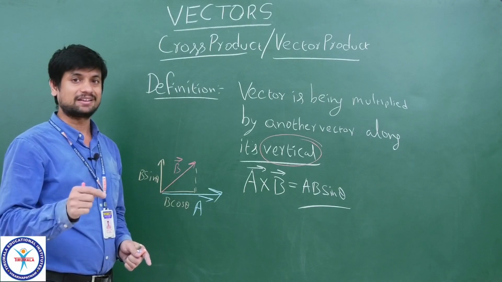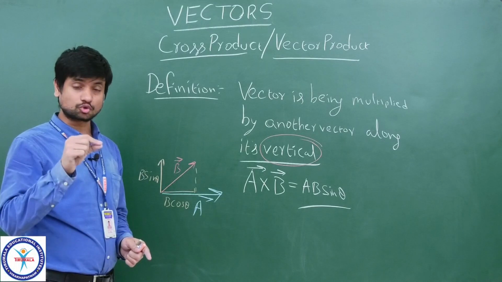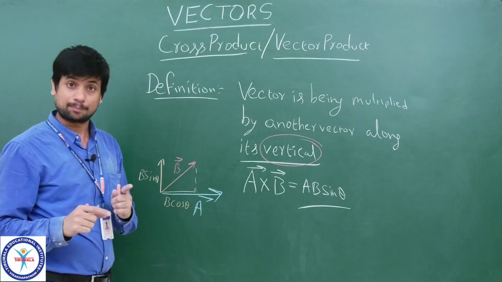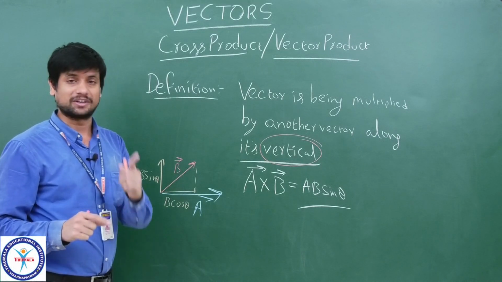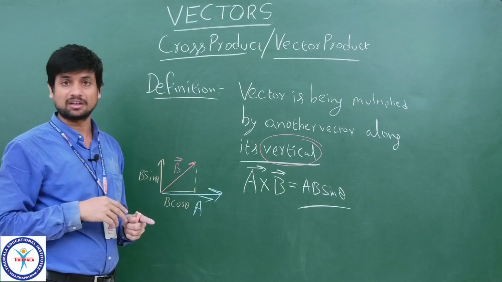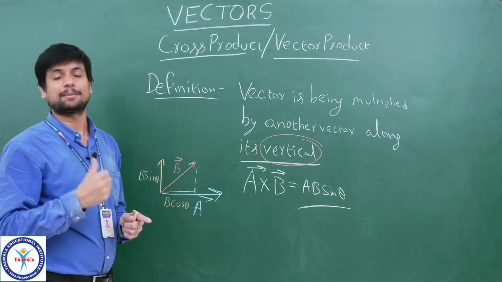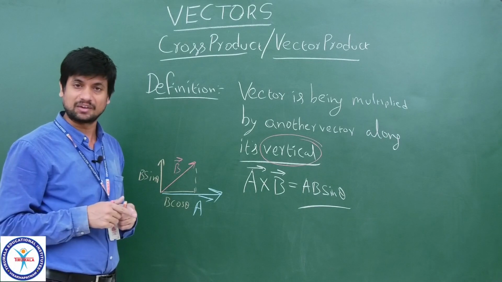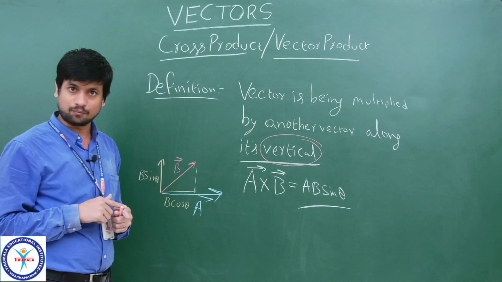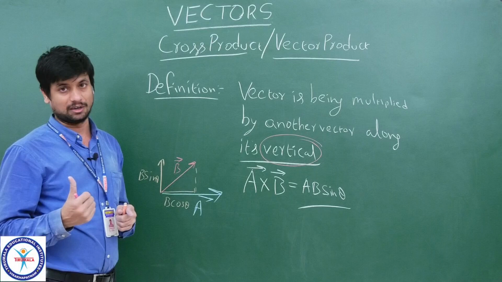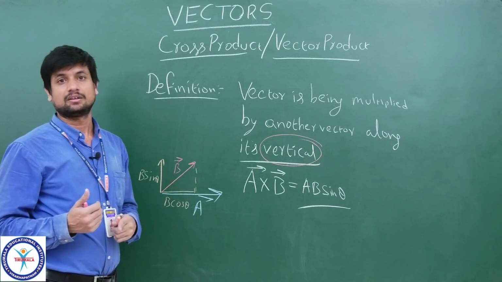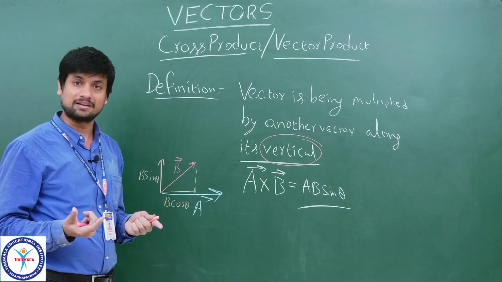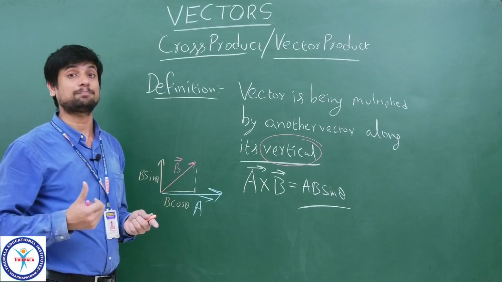Why? Because at the atomic level, many phenomena occur perpendicular to the direction of movement. If electrons are moving, the magnetic force is perpendicular to that. When an electron charge is accelerated in the field, it has an electric field and a magnetic field. The electric field is along or opposite to the electron movement, that means parallel or anti-parallel, but the magnetic field is perpendicular to that.